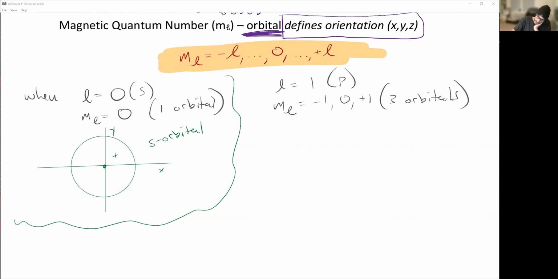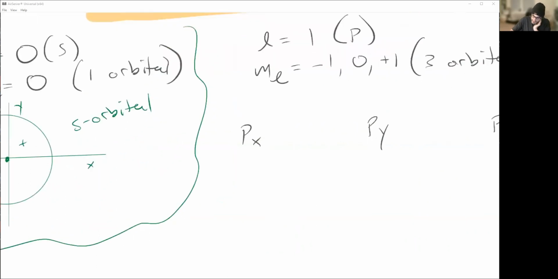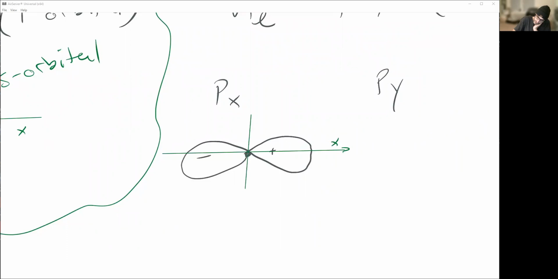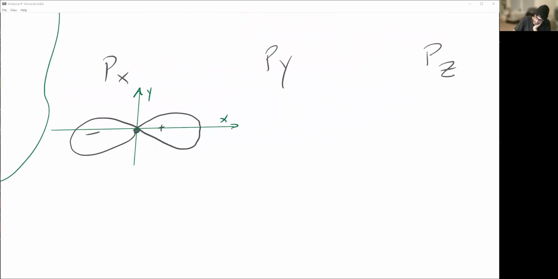The 3 orbitals are Px, Py, and Pz: X, Y, and Z. So Px is going to be a barbell, positive, negative, in the X direction. Y is going to be, in fact, I think I'm just going to copy this so I can keep pasting it.